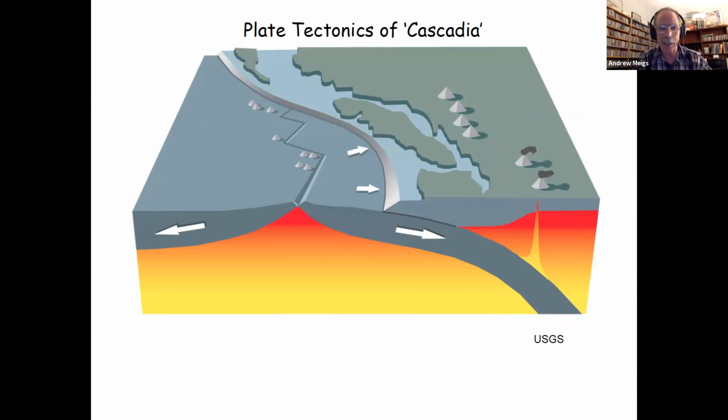As is widely known, and because the Great Oregon Shakeout was just earlier this week, the focus in the Northwest is the plate interface between the downgoing Juan de Fuca plate and the North American plate, the so-called Cascadia subduction zone. The North American plate, however, is not inert. It's not just sitting there waiting for Cascadia subduction zone earthquakes to occur.